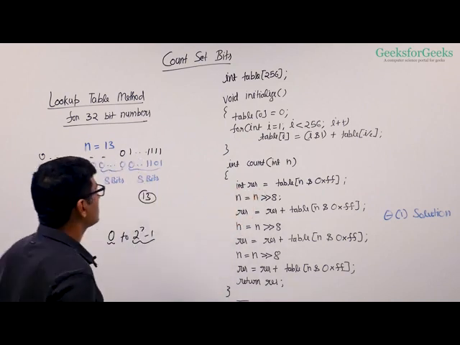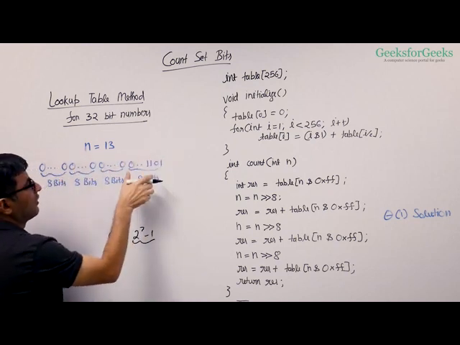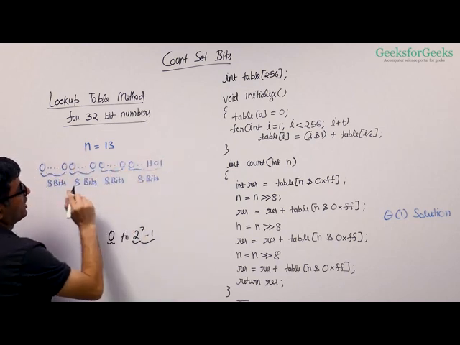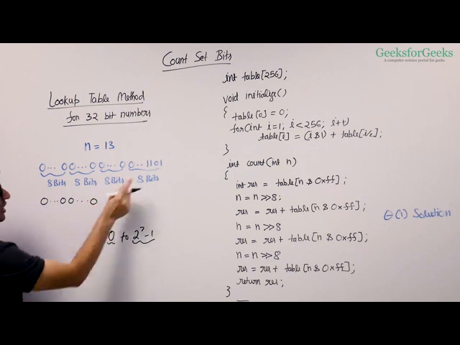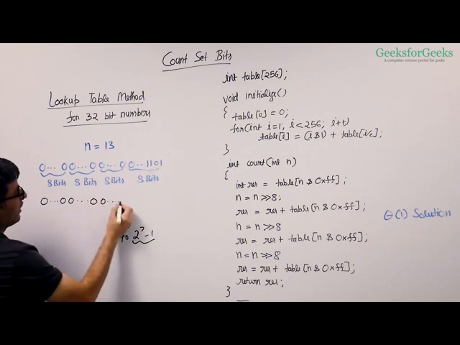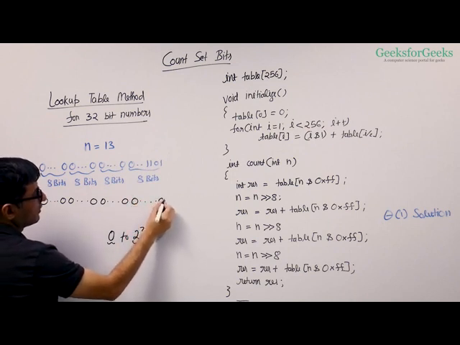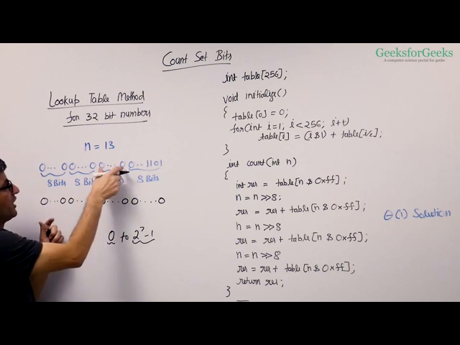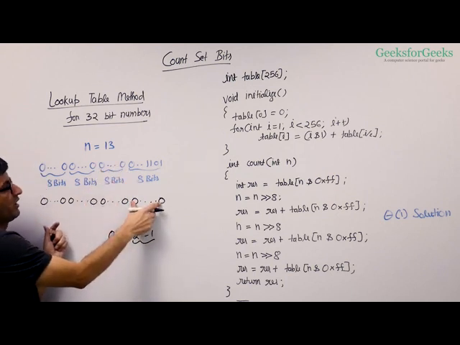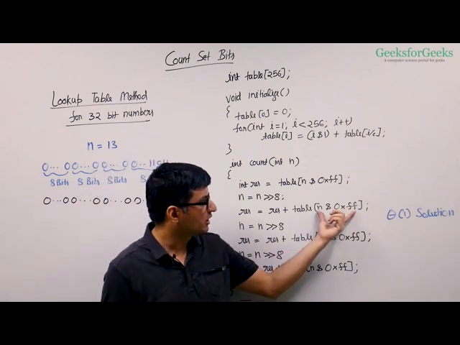Then what you do is you move these 8 bits ahead, right? So your number which is represented this way, changes to this thing. These 8 bits are gone and the next 8 bits are copied here. Here you have 0s, so all the bits are now 0, but whatever was there would have come here, right? After moving the next 8 bits, we count set bits in those 8 bits.